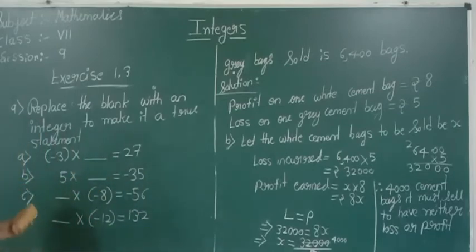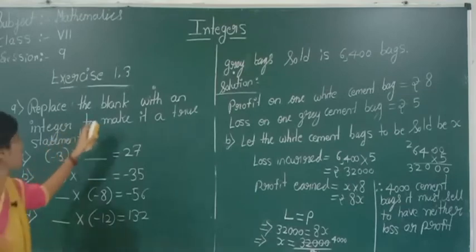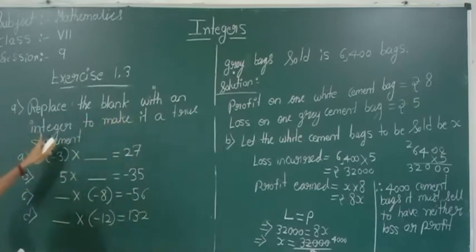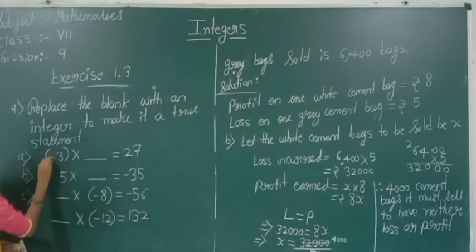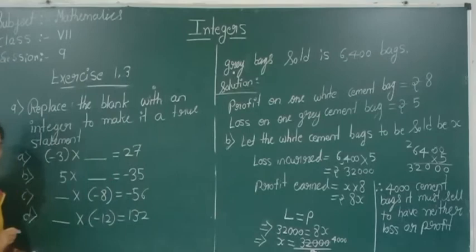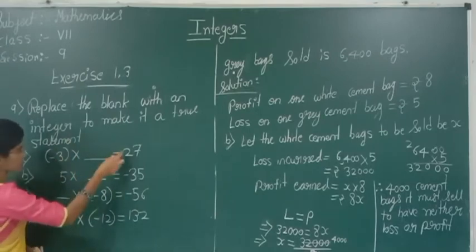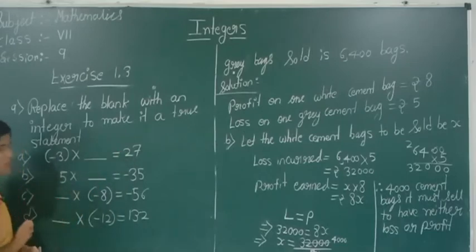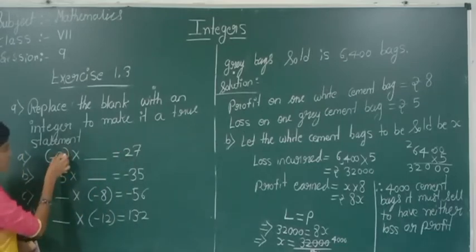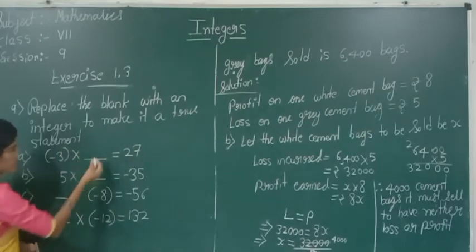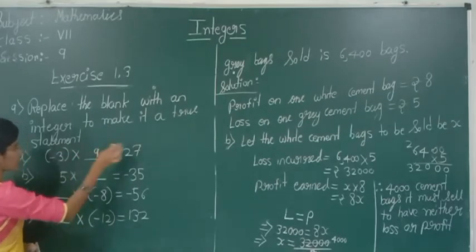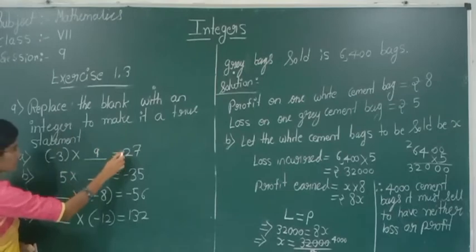Now see here, the 9th one tells us to replace the blank with an integer to make it a true statement. First one: -3 multiplied by dash is equal to 27. Here a negative integer is there and we want the answer as a positive integer. 3 how much is 27? 3 9s are 27, but we want a positive integer.